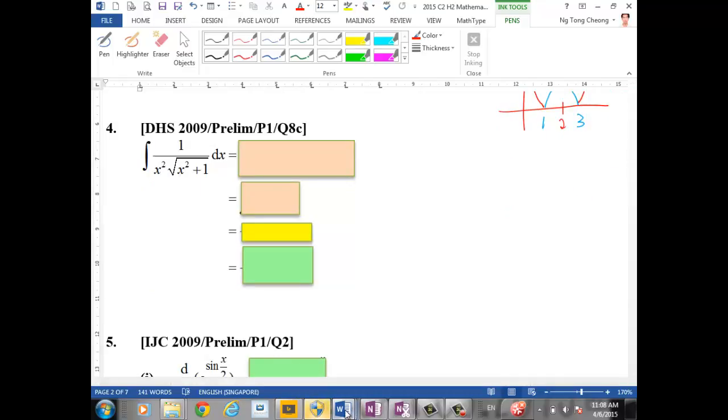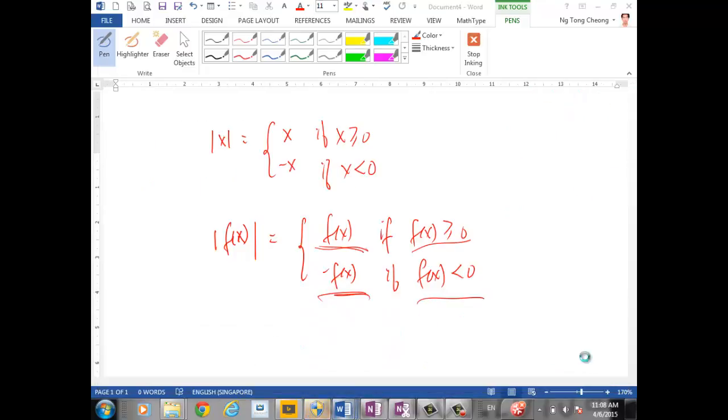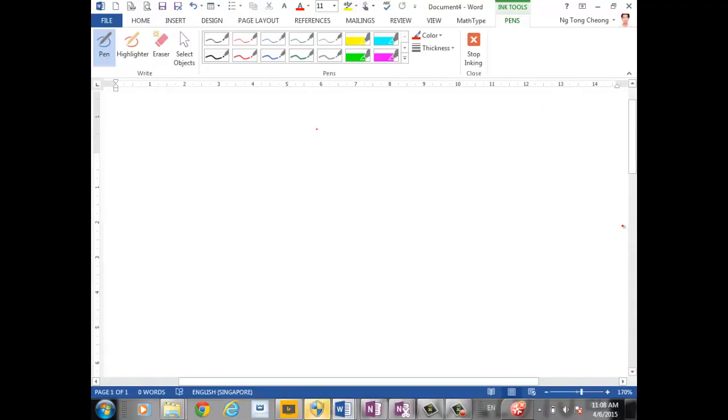Okay, maybe for this one I will elaborate more over here. Right? Okay, so you are given the substitution here, x equals tangent t. Okay, of course, the first step is try to just differentiate it.